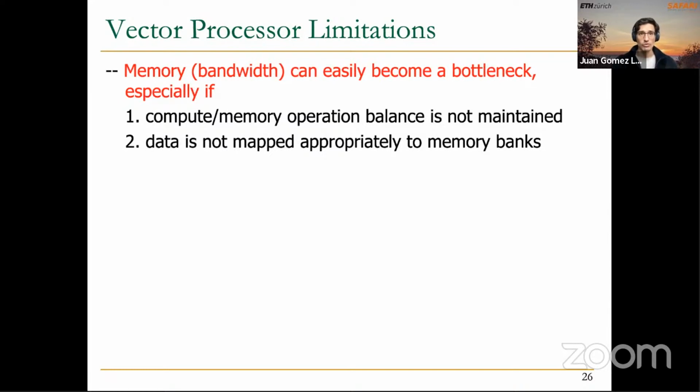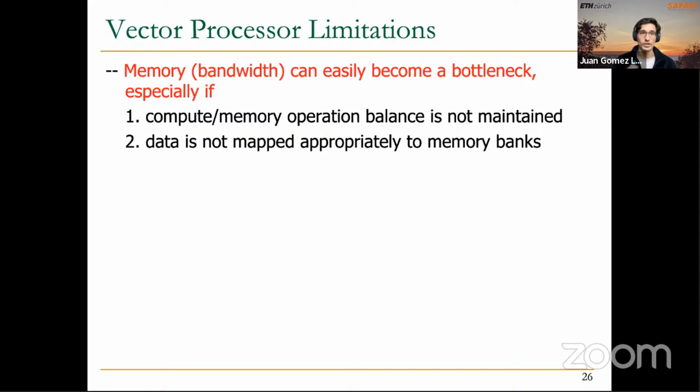Now you have an array of cores, and you need to feed all these cores, and you need to give them operands all the time, and these operands need to come from a memory that is far away, right? So we will be easily bottlenecked by the access to memory.